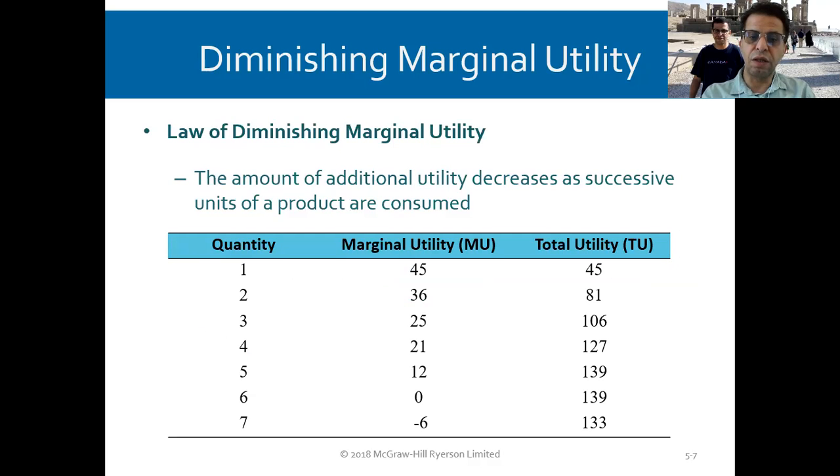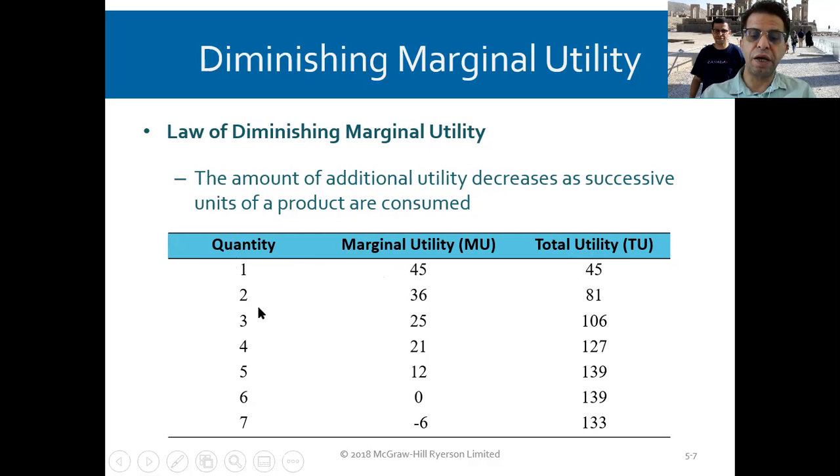Now, if we look at the law of diminishing marginal utility, we said that the first bottle of water gave you 5, the second one gave you 4. Here, the amount of additional utility decreases with each successive unit of the product consumed. So if you consume one unit, you get a marginal utility of 45. The total utility is 45.